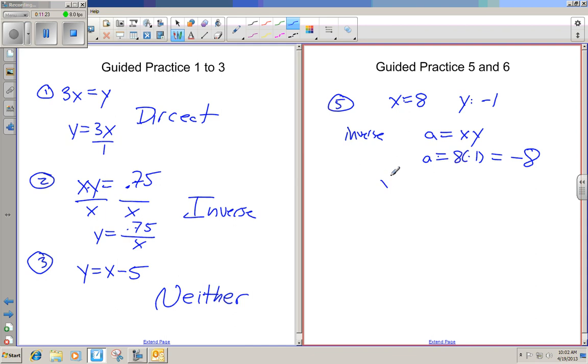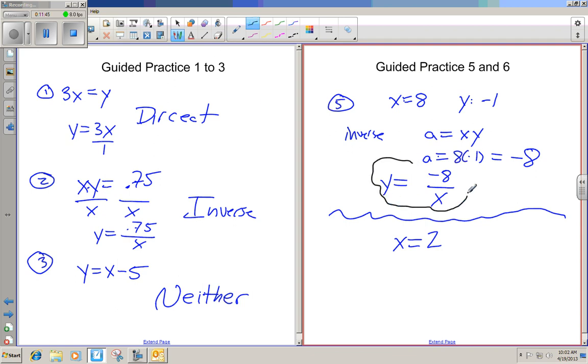Right away, you should have the equation y equals negative 8 over x. Now, the second part of this tells us that, well, what if x is equal to 2? Well, we have this equation, and it says x is 2. So y equals negative 8 over 2. Gives us negative 4. So that's number 5.